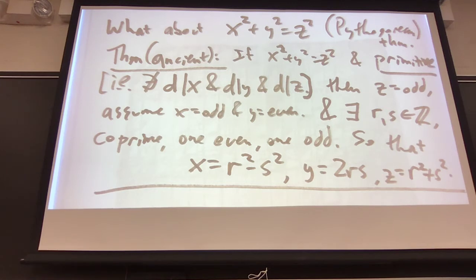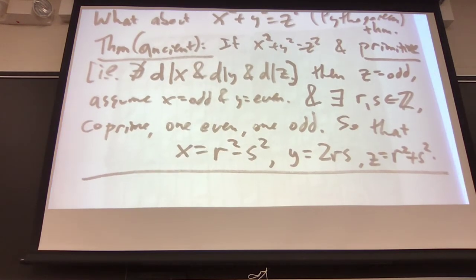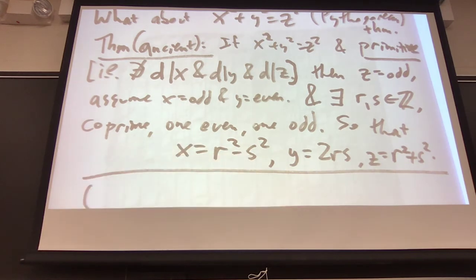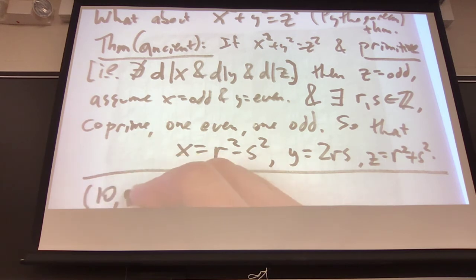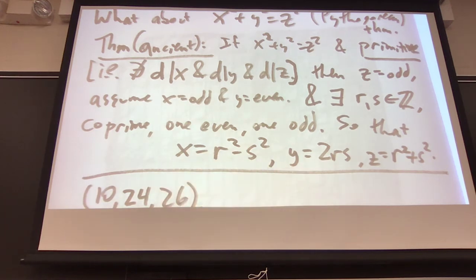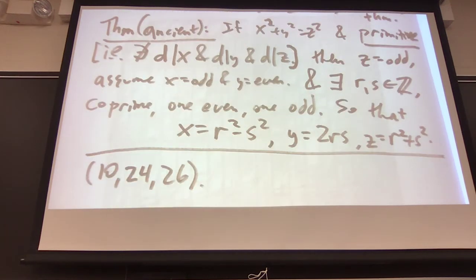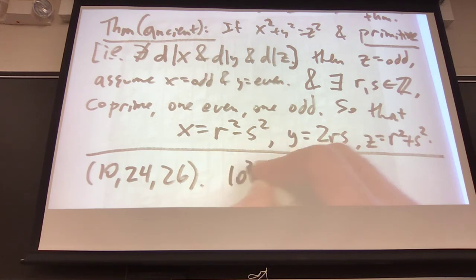Let's test this out. Let's try to unpack this theorem. So here's a triple. Let's see if I can get this right. 10, 24, and 26. Oh boy. So I claim that's a Pythagorean triple. 10 squared is 100.